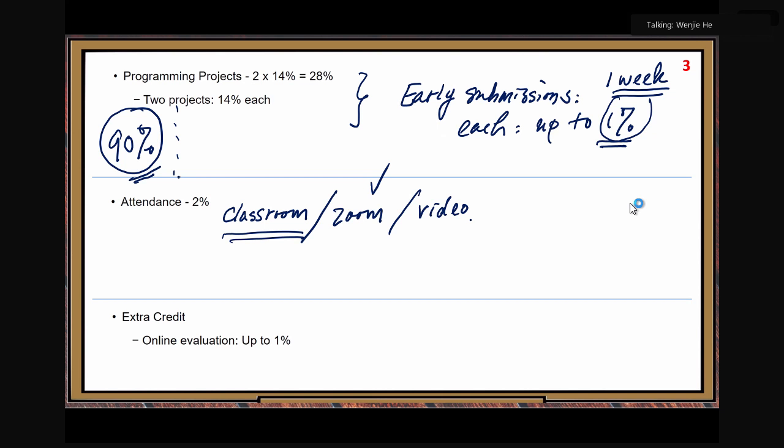If you have small problems, you won't lose much. Within 10%, you can do early submission to earn extra credit. So that's my basic policy for grading.